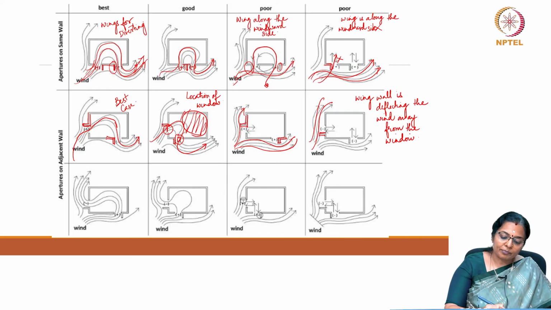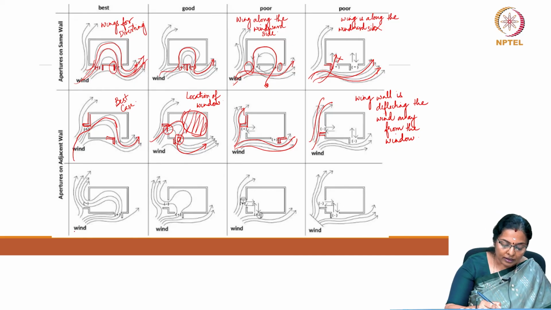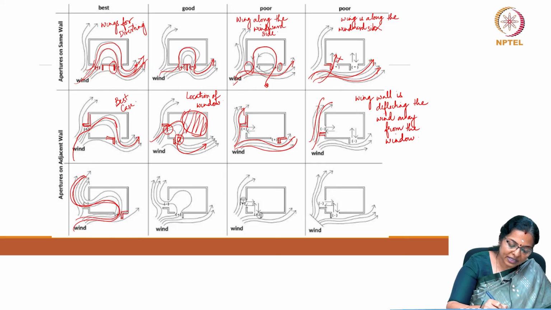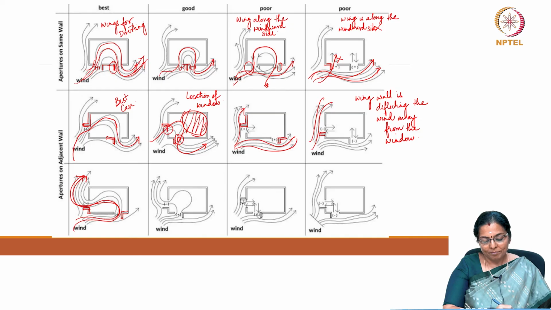Let us look at the change in location of the wing wall. Now here you have a situation where the wind is along this direction and the wing wall is actually encouraging breeze movement, and this wing wall is helping in deflecting the breeze outside.